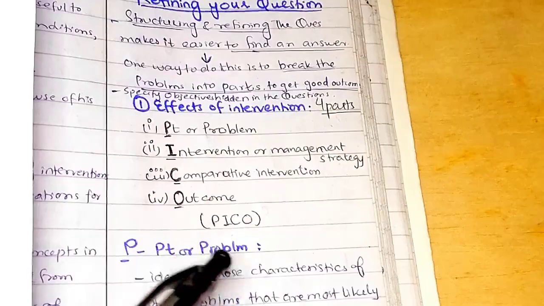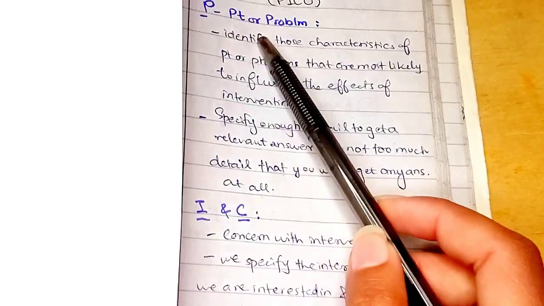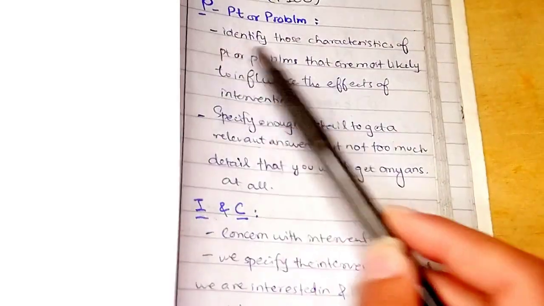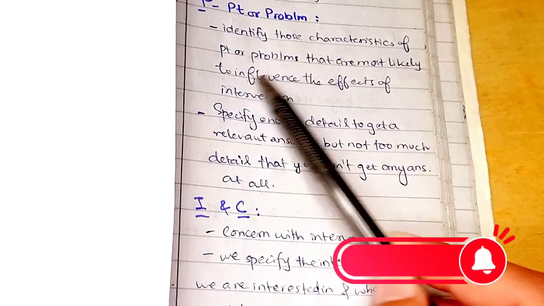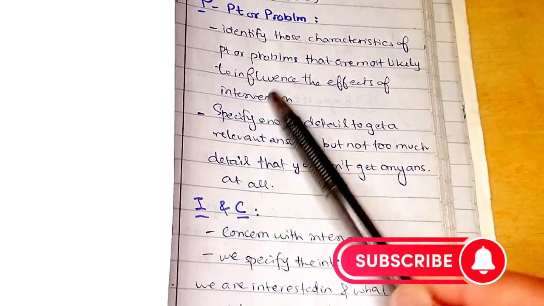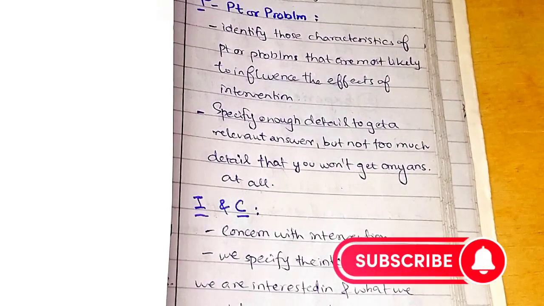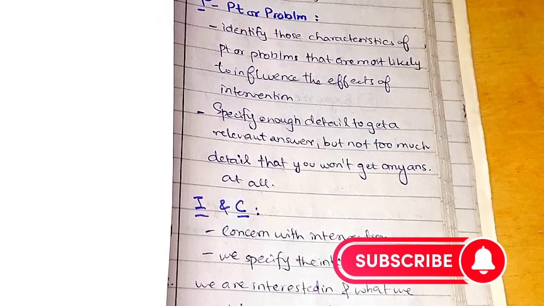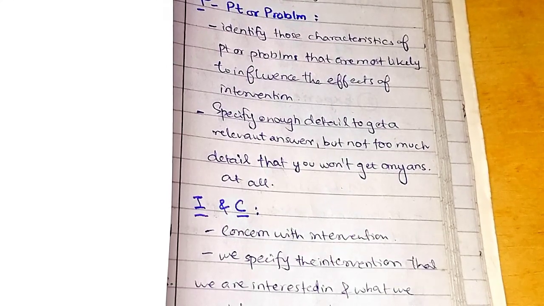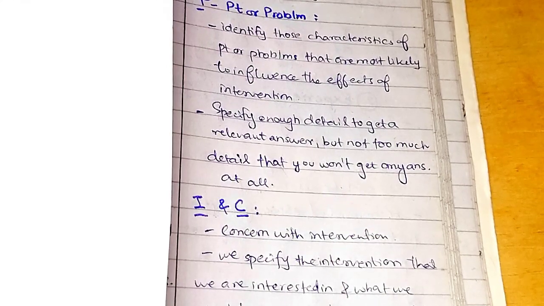So the P is for the patient or problem. The first point is to identify those characteristics of the patient or problem that are most likely to influence the effects of intervention. Let's discuss a case: for example, the person has a heart condition, and many characteristics of the patient are given to you, that the person is a male, he is 40 years old, and it is also mentioned that he is hypertensive.